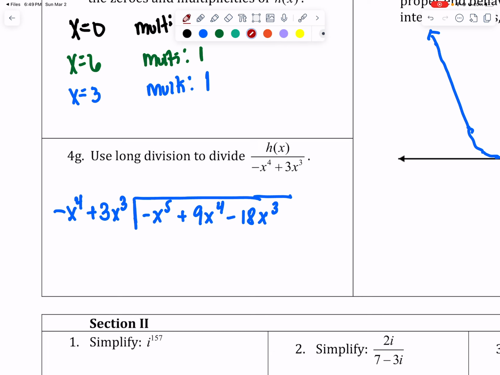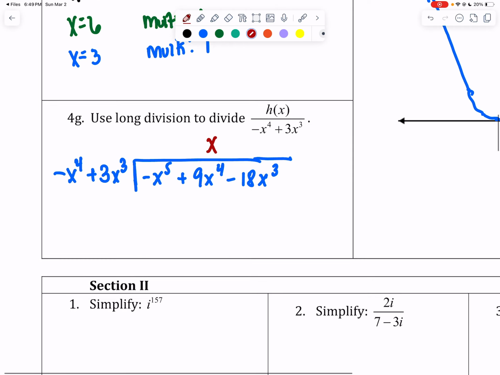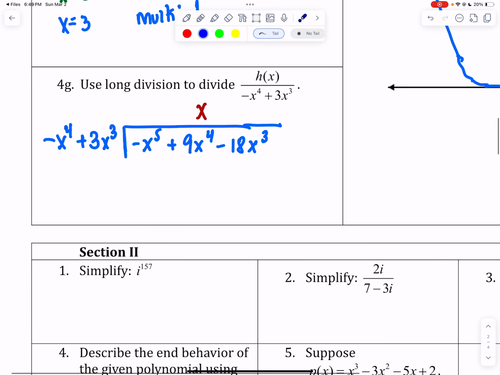So I'm going to put that right here. Usually I put it with its respective column, but since it's 0x right here, I'll just put it right here for the sake of it. I have 1x, so I'm going to have negative x to the fifth. And then I'm going to multiply x and 3x to the third, which gives me 3x to the fourth.